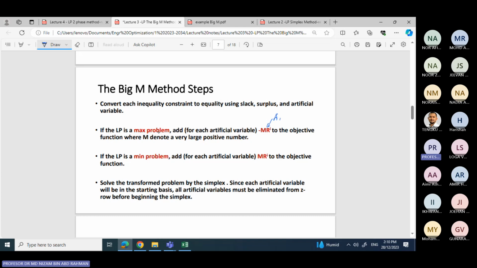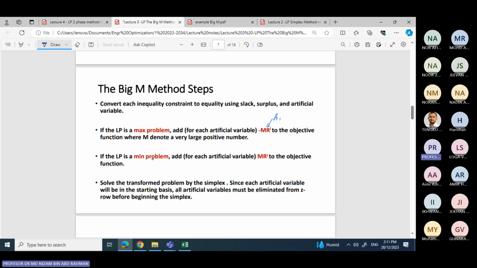In a maximization problem, with a multiplier of minus M, if you include that artificial variable in the solution, it will give a very huge negative number, so the simplex algorithm will force it not to be one of the solutions.